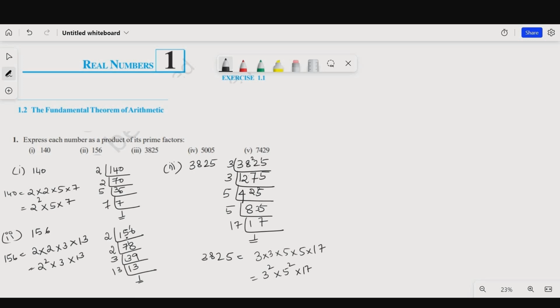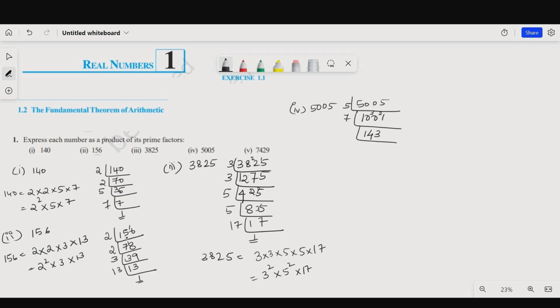Now the next question is question number 4, that is 5005. The smallest prime number that can divide 5005 is 5. So it gives 1001, which is divisible by 7. 7 1s are 7, 8, 9, 10, that is 3, 7 4s are 28, 29, 13, again 2, 7 3s are 21.